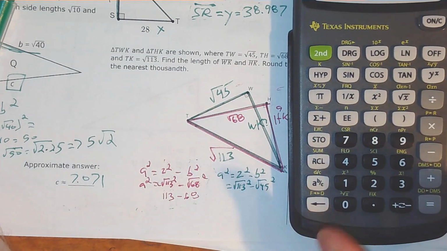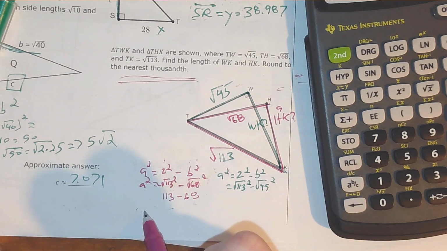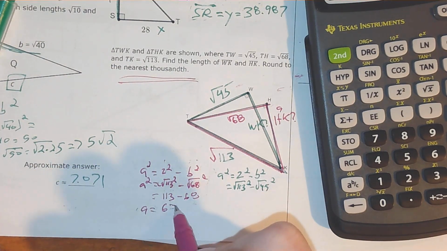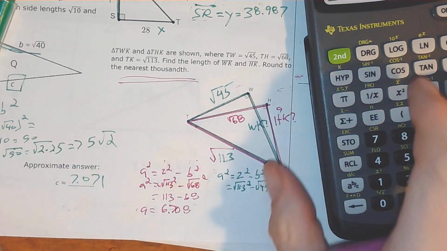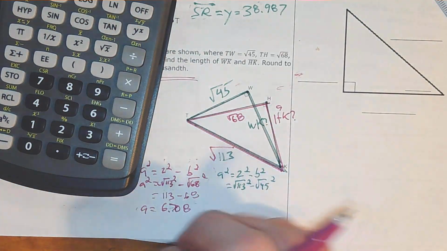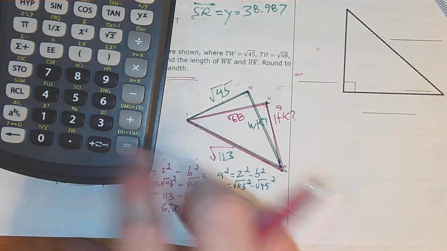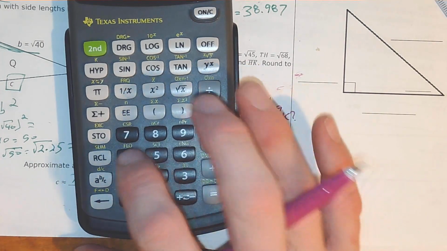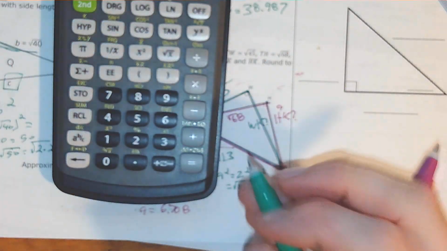Let's take the square root of 45; it says to round to the nearest thousandths. A equals 6.708. Over here it's 113 minus 45, which gives 68.